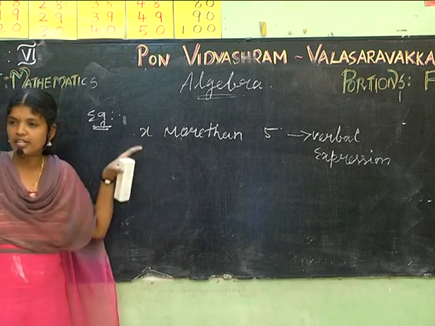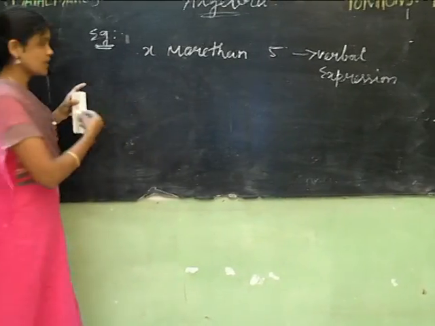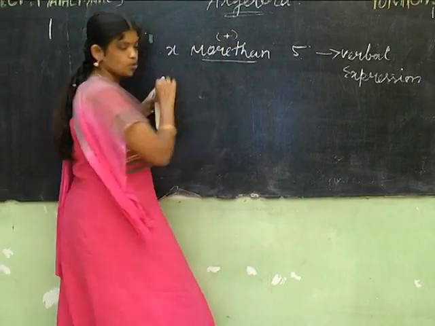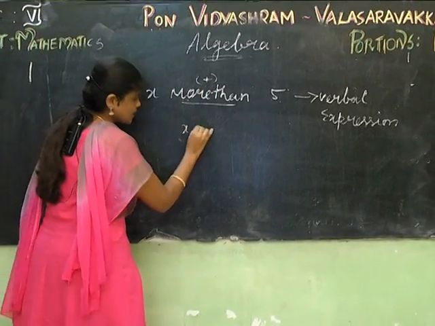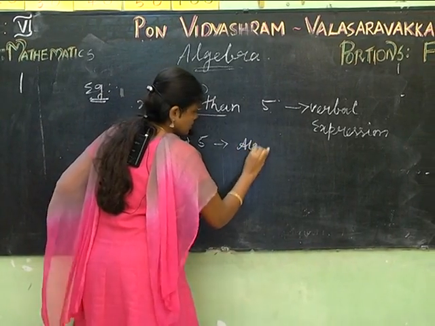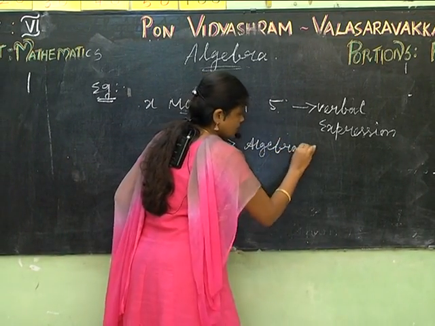Now you have to convert this into an algebraic expression. How can you convert this? x more than 5. x more than 5 means it should be an addition. So x plus 5. This one is an algebraic expression.